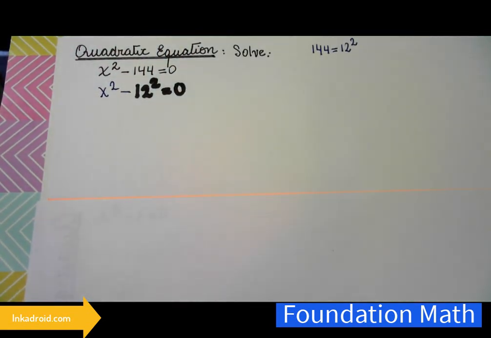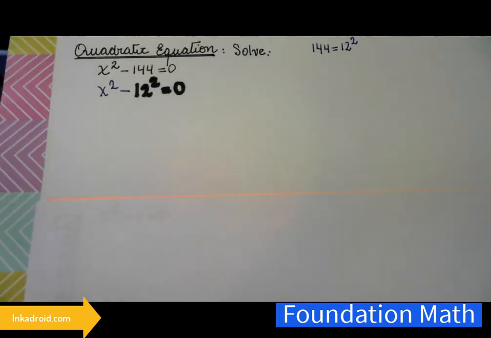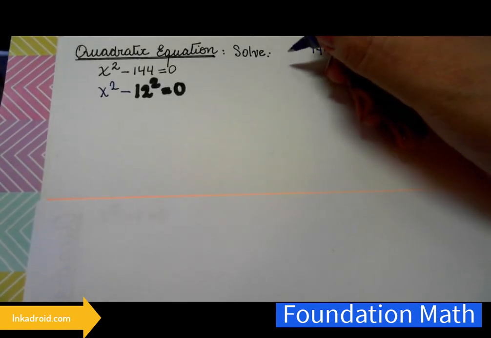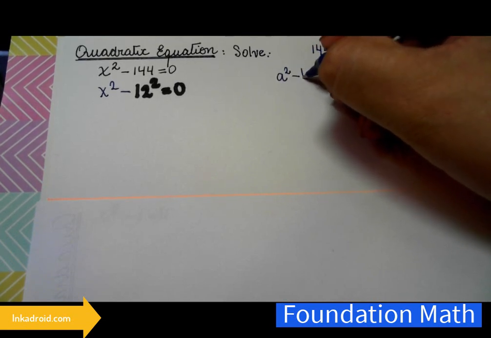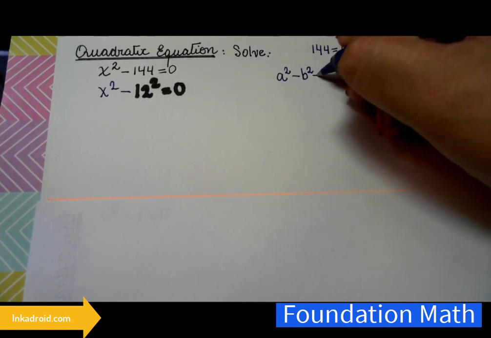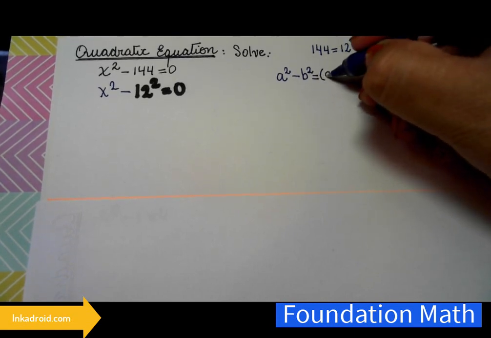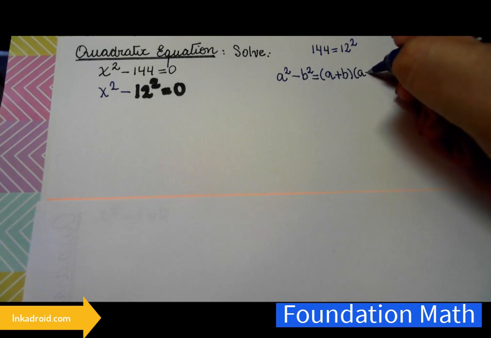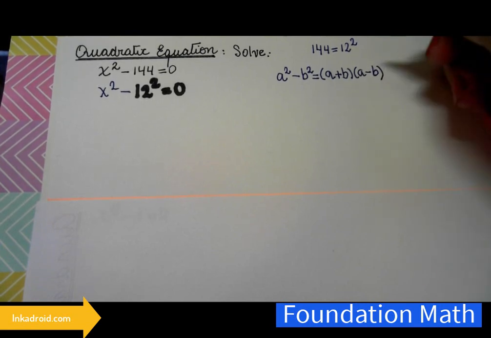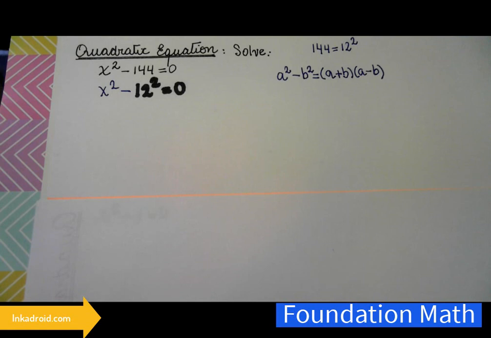Okay, so in this situation we're going to apply this formula, a squared minus b squared is equal to a plus b times a minus b. Okay, this is a factorization rule.